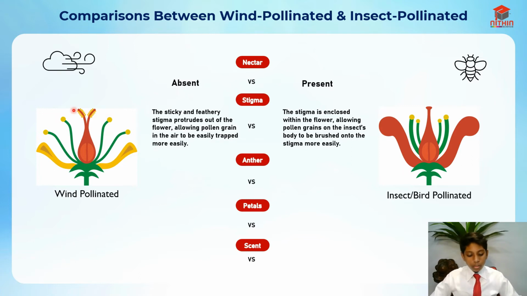Because when the pollen grains come through the wind, the stigma must be able to catch the pollen grains, right? If it's not sticky enough or feathery enough, it cannot catch the pollen grains. So each type of flower has a different type of mechanism to take in the pollen grains.